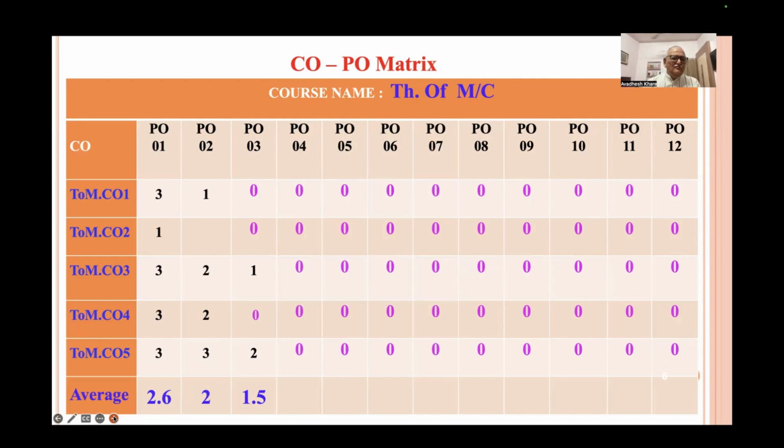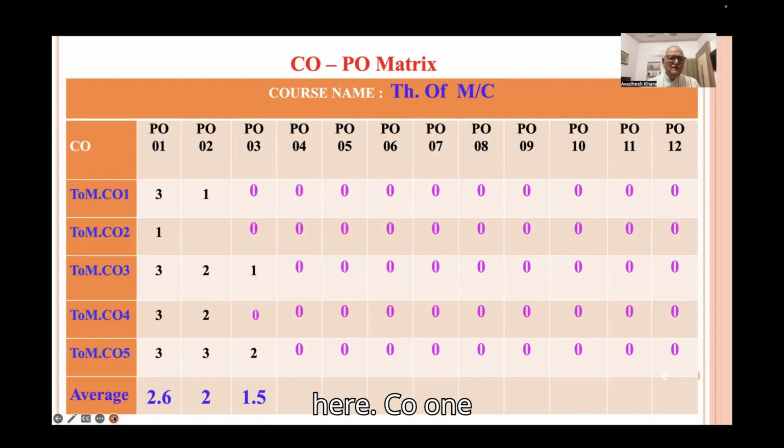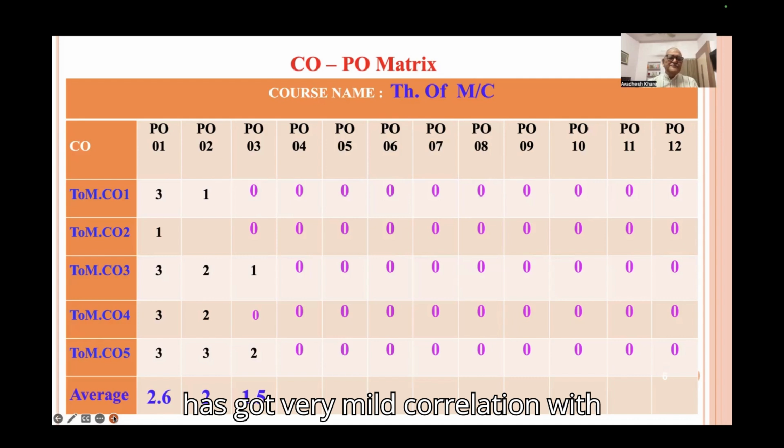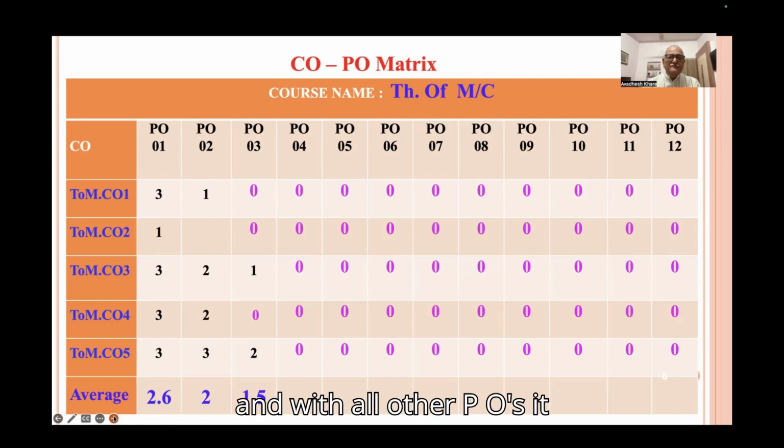Let's take the first row. CO1 is correlated with PO1 at a very strong level, because 3 is indicated here. CO1 has a very mild correlation with PO2 because 1 is written there, and with all other POs it doesn't have any correlation.